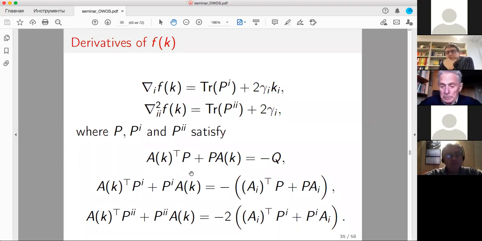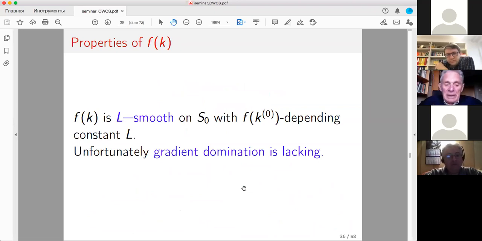There are formulas which require just solving more and more Lyapunov equations. And the main property again is that our function is L-smooth on a sub-level set. But unfortunately, the most attractive property, gradient domination, is now lacking.